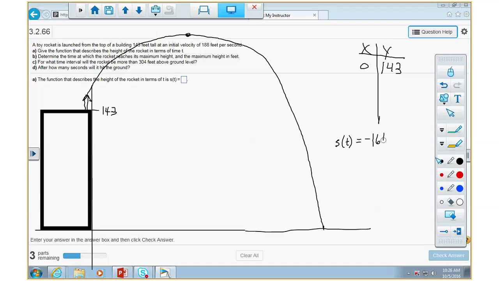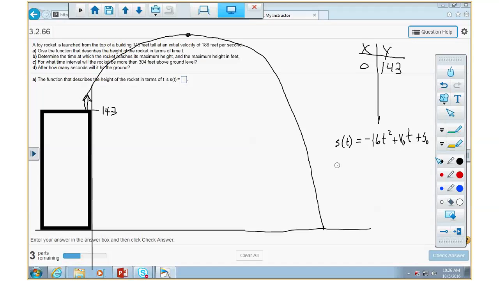T squared. Plus V sub 0 T, plus S of 0. Is that it? Yeah. All right. V sub 0 is your initial velocity.